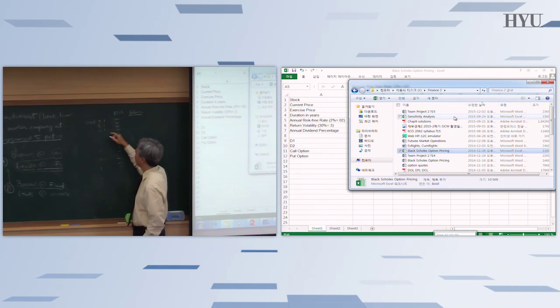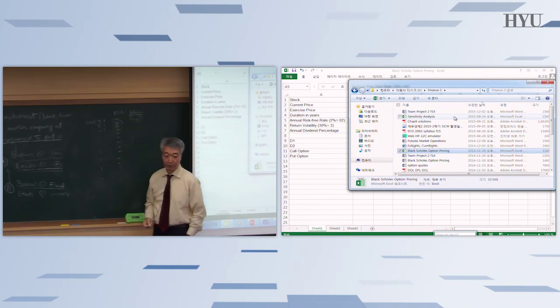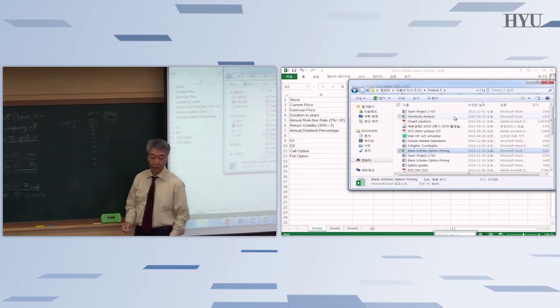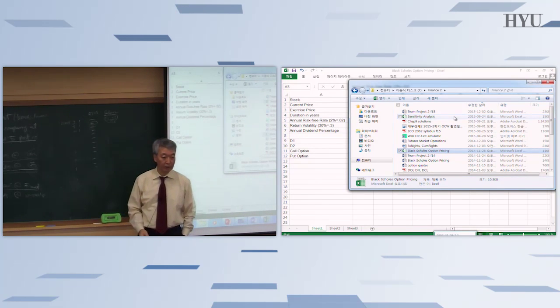Return will be what? February 1 price minus January 1 price divided by January 1 price. New price minus old price divided by old price. Then that will give you the return on that stock, the monthly return.